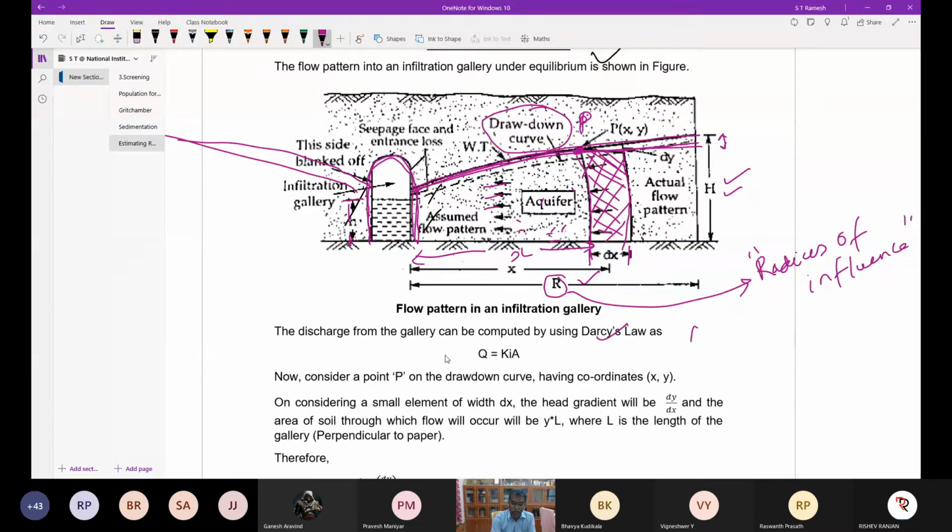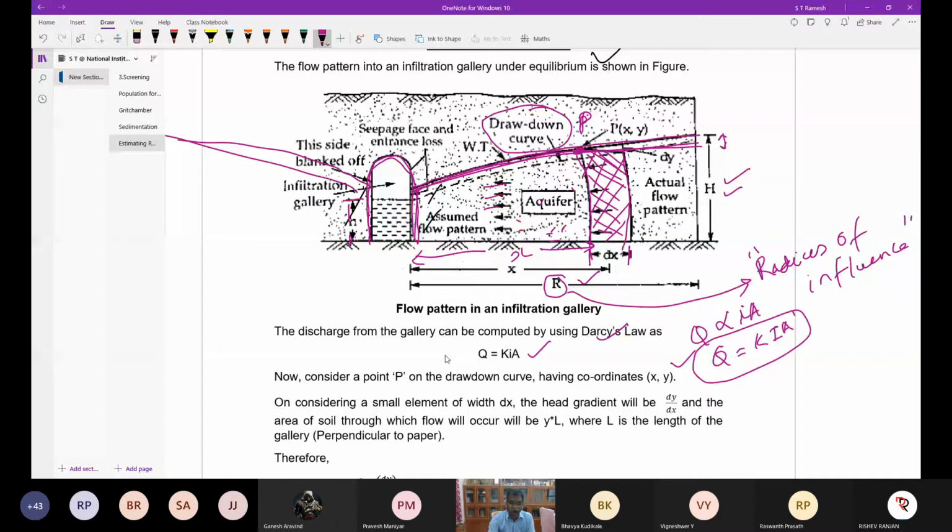This we have discussed in the previous lecture. Q is directly proportional to I into A, and Q is equal to K into I into A, where I is the hydraulic gradient and A is the area.